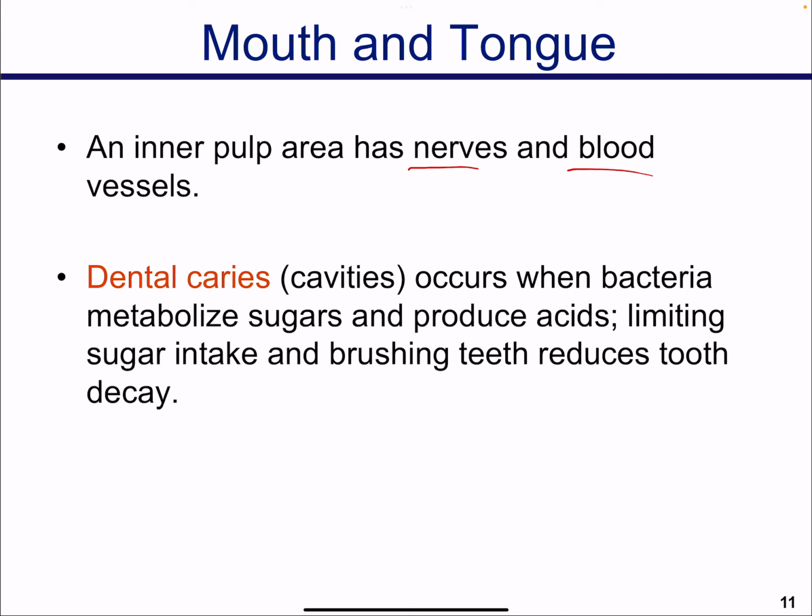That acidity is caused by bacteria that metabolize the sugar in our mouth and convert it into acids, and that acid attacks the enamel, which ultimately causes the fragilization of the enamel, and it breaks, and this is when you have dental caries and cavities.